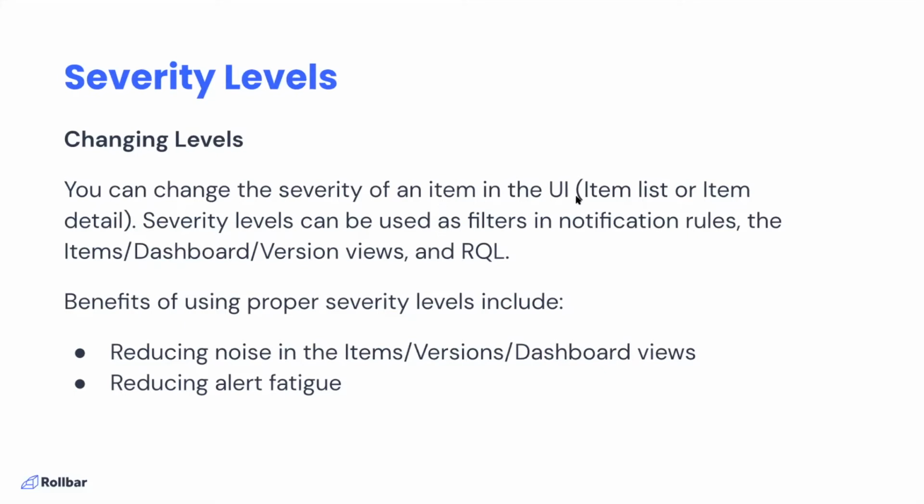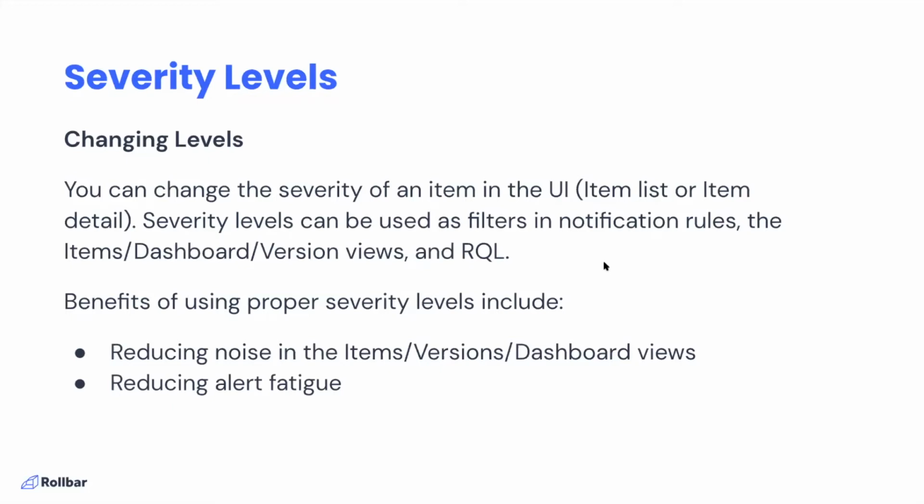If you do make a change in the UI, then whatever the item is set to have its level, that will persist. If the code tries to send something as a warning, but you've already marked it as an error in your UI, then it's not going to change there. So it's giving the human edits the ultimate superseding power there, and then the others are based on if they've been changed or not.